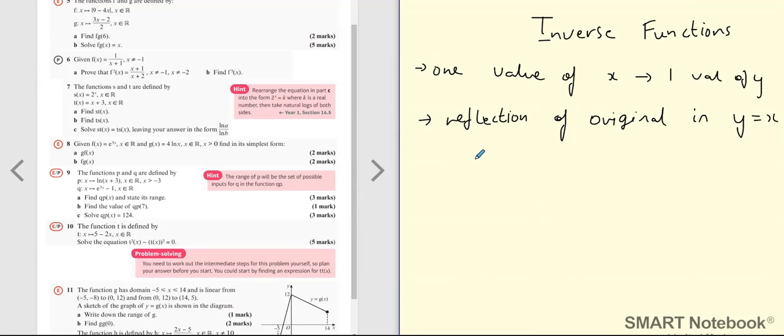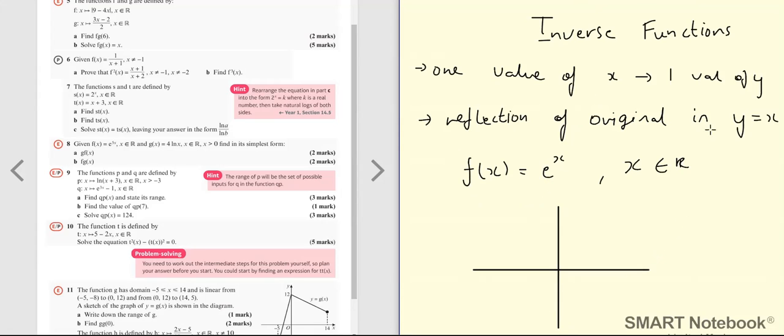So a classic example might be if we said f of x equals e to the x, where x is an element of all real numbers, we know what that looks like. So that is a function. Every x value is defined. You can substitute any x value. Sort of looks like this shape here.